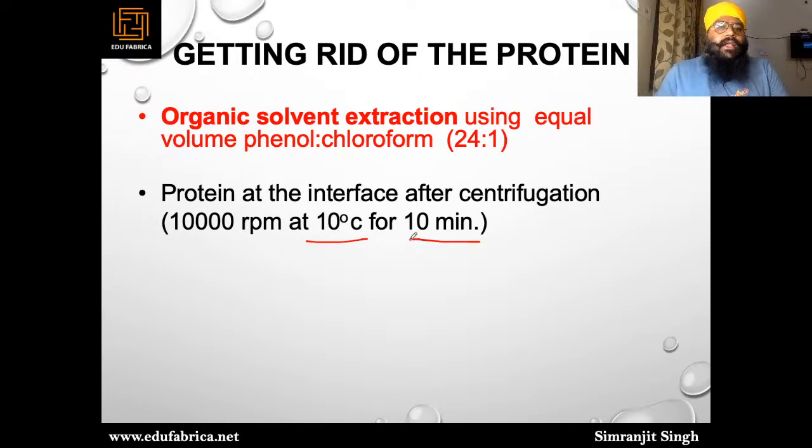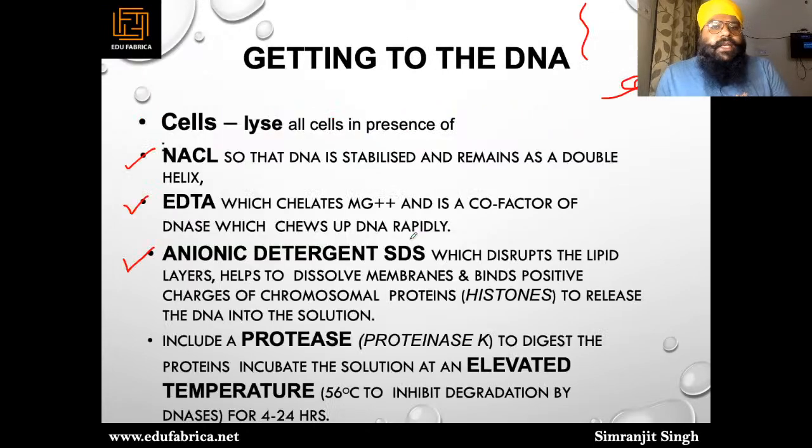So remember that all these things don't seem to work in a single day. Somebody working with this protocol might have to go through many hurdles.